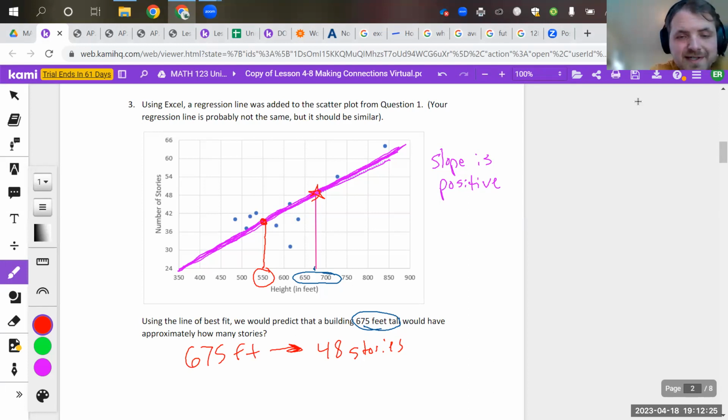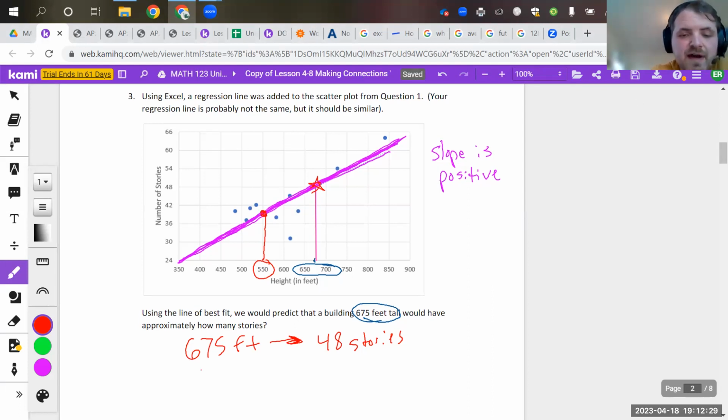You know, we're not really sure exactly what it is, but it's somewhere in between 36 and 42. So we could say that 550 is probably going to be around 40 stories based on that line of best fit. If you want to be more technical, you could put a little approximate sign if you'd like, if you're trying that hard.